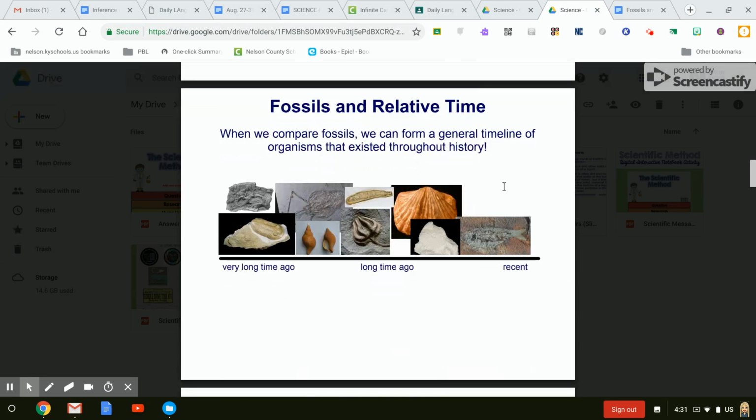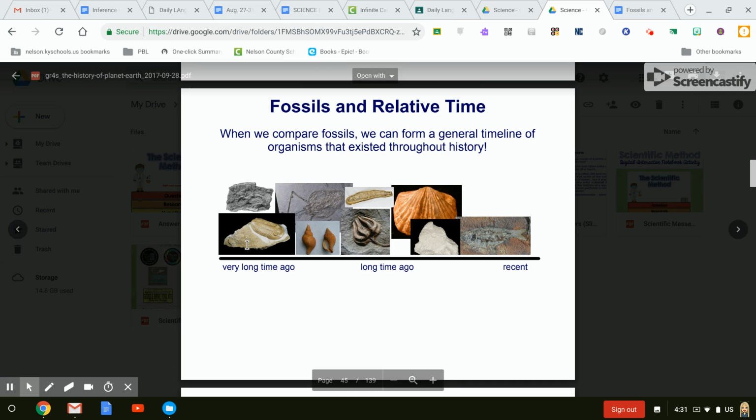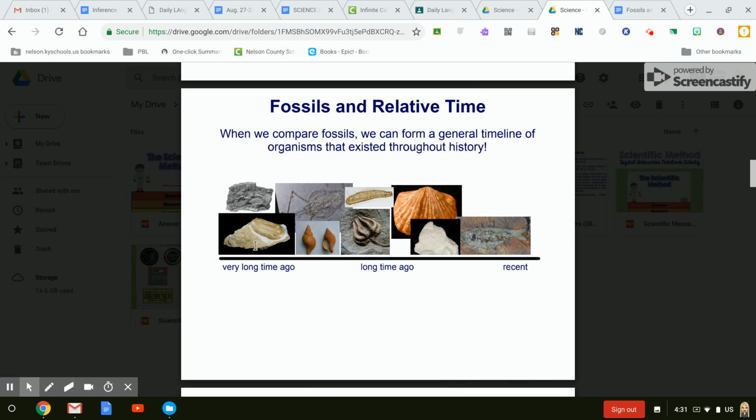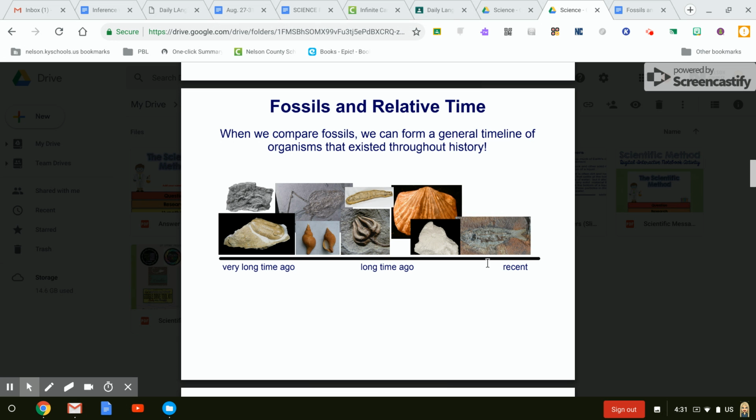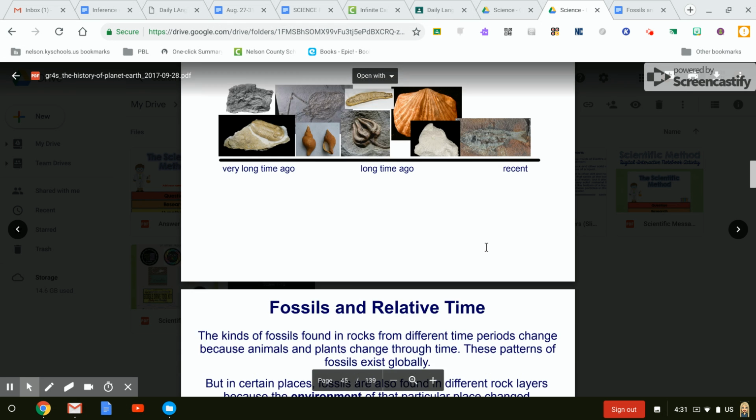So when we compare fossils, we can form a general timeline of organisms that existed throughout history. These are images of fossils from very, very long ago. And as we go up to more recent times, we can see fossils of organisms or plants that are more recent. And again, the fossils found in that rock tell us how old the rock is.